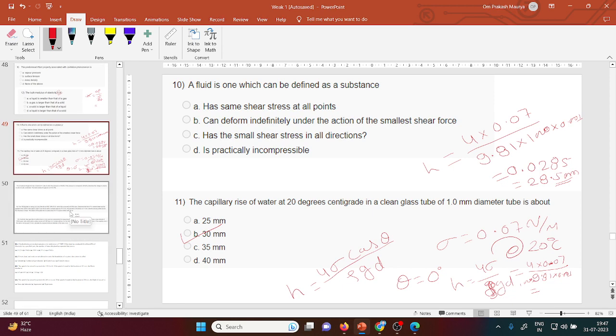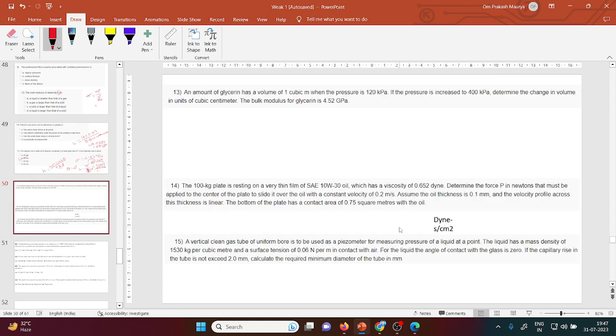Now moving on to the next. Here three questions are there, 13, 14 and 15. Question number 13 is about an amount of glycerin that has a volume of 1 cubic meter when the pressure is 120 kilopascal.